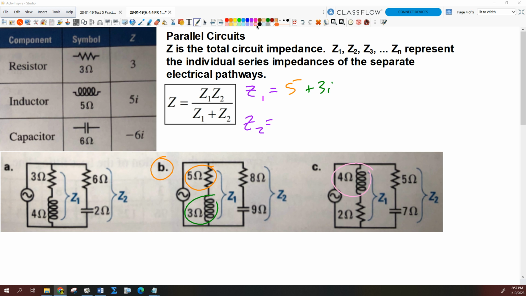No, wrong problem. You're right, wrong problem right there. So that's 8, right? And then what else we got? Minus 9i.